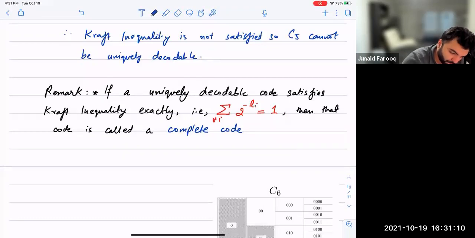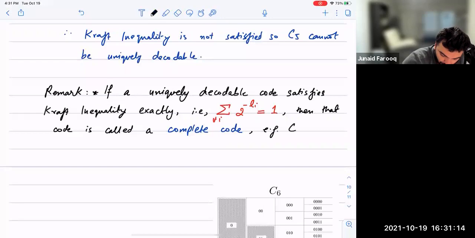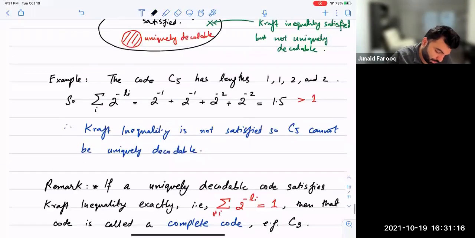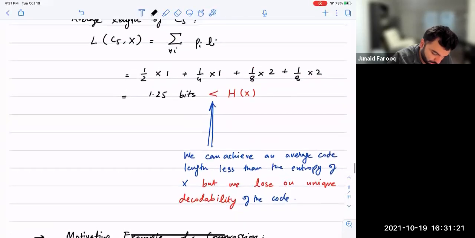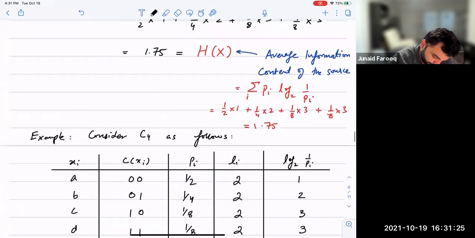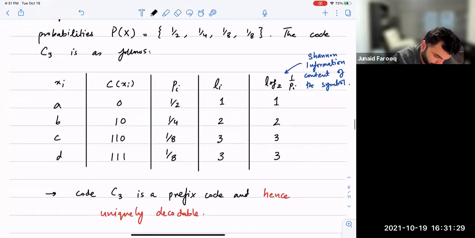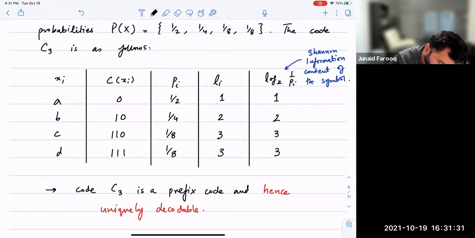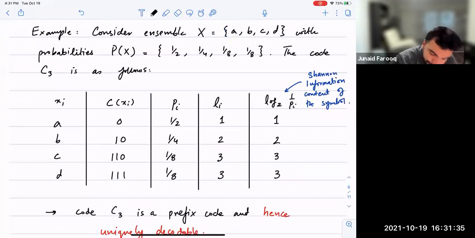An example would be the C3 that we saw, which has the exact lengths that lead to a Kraft sum of 1. Yeah, this code: 1, 2, 3, and 3.